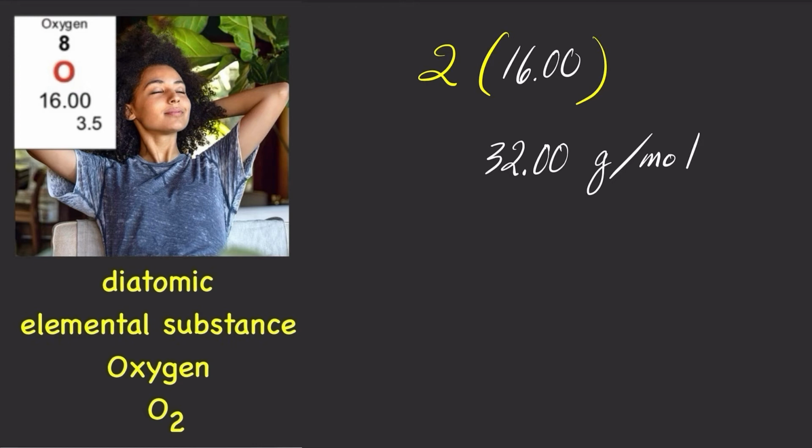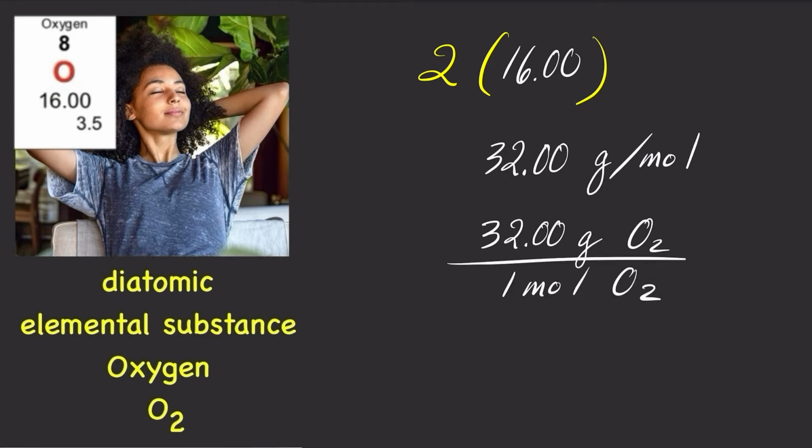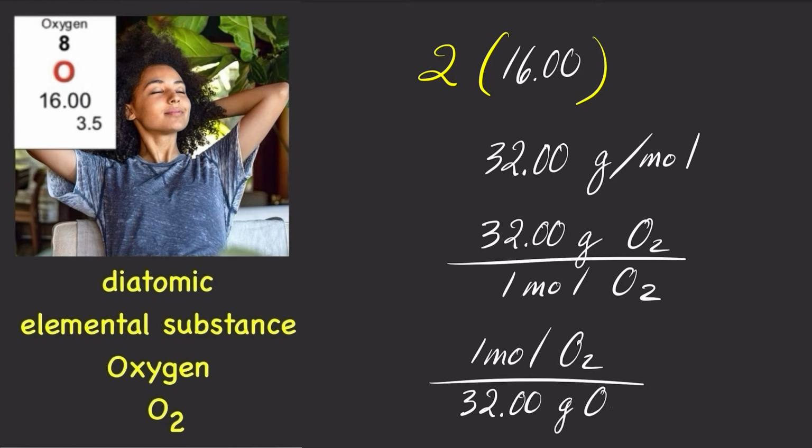Again, we can write this as a ratio, 32 grams of O2 per 1 mole of O2, or 1 mole of O2 per 32 grams of O2. And when converting between grams to moles or moles to grams for the elemental substance O2, these ratios are useful as conversion factors.